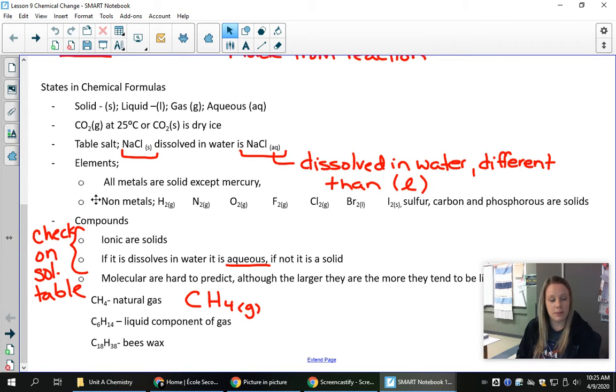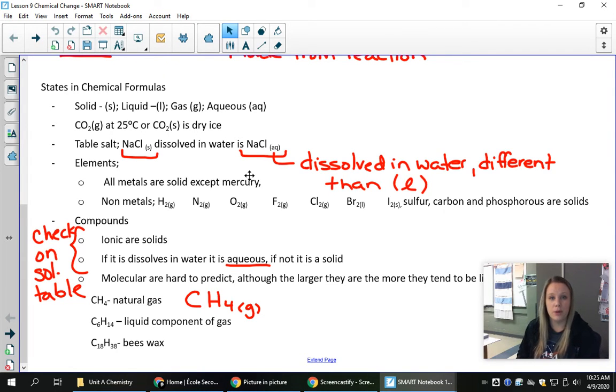All of your elements, so if you just have, say, hydrogen, you're going to find the state of those elements on your data booklet. In the top right-hand corner, or the right top page, you can see the color coding on the data table. It will tell you if something is solid, liquid, or gas based on what color the box is on the periodic table.